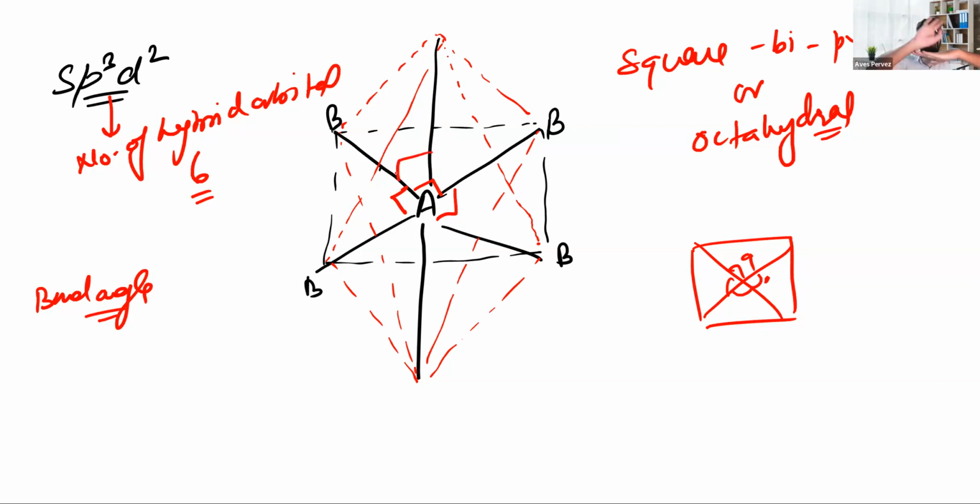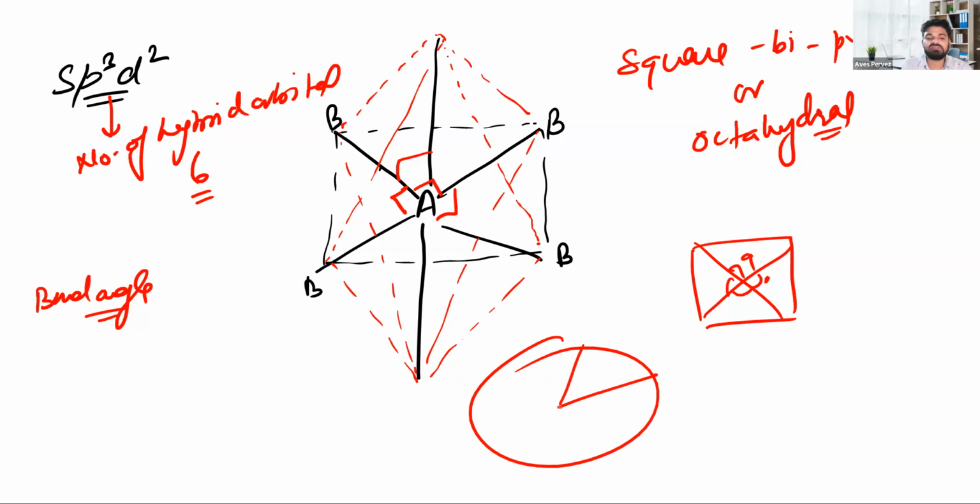Because it is above the plane and it will make 90 degrees with the whole plane. If there are 6 bonds in the plane, then it will make 6 angles of 90 degrees. If there are 1000 bonds in this plane, then it will make 1000 angles of 90 degrees with all of them. So if we have a circle with numerous bonds on this plane, and we place a perpendicular like this, it will make 90 degrees with each of them.